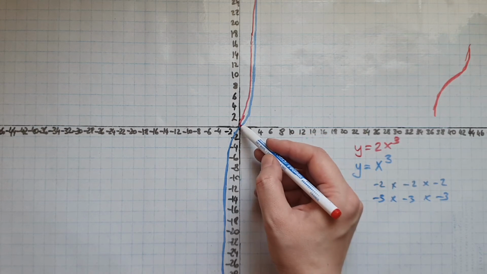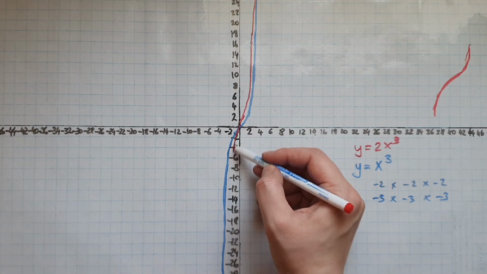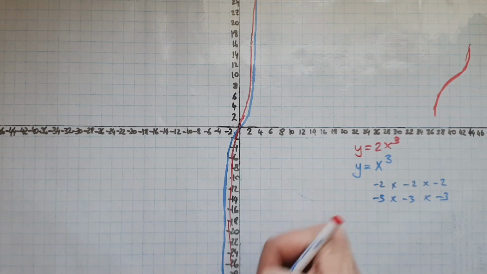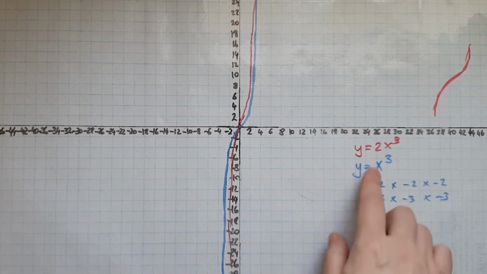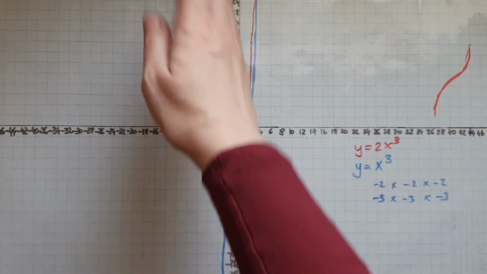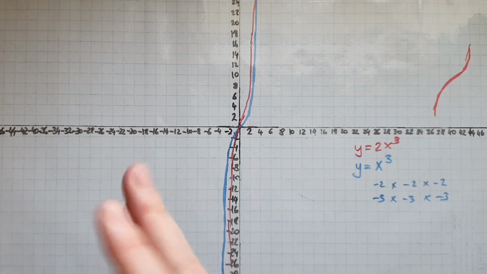And then same thing on the other side, because this is mirrored. And similarly, if it was y equals 3x cubed, that would go even more quickly upwards.